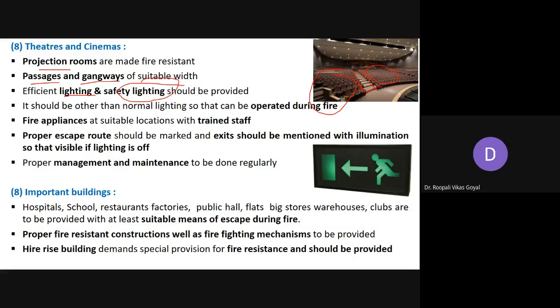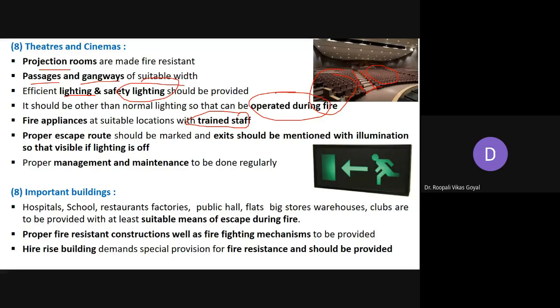Generally, that lighting arrangement should not be taken from the normal lighting, but it should be special lighting which can operate during fire also. And all the fire extinguisher mechanism or fire appliances, hydrant system, everything, should be provided at a suitable location with the trained staff. If you have fire extinguisher but you are not having a staff who can operate it, then there is no meaning.